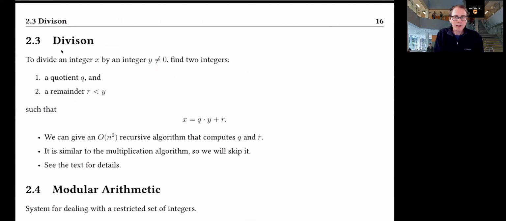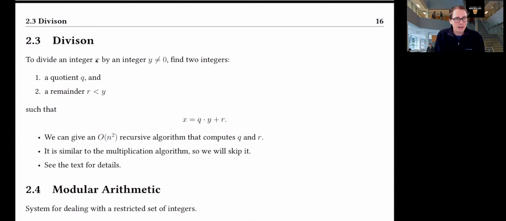The next problem, so we've done now addition and we've done multiplication. Addition is big O n, multiplication is big O n squared. Division, I'm not going to go through the algorithm for it, but what do we mean when we have 2 n-bit numbers and we want to perform division?